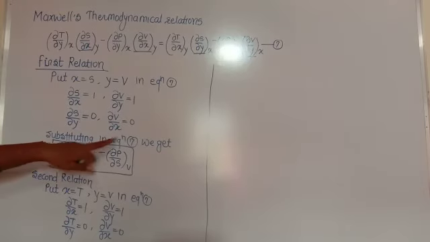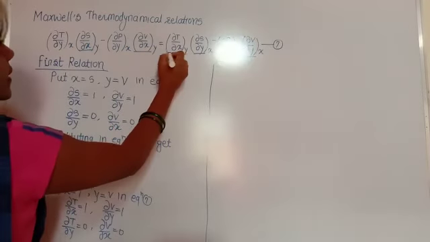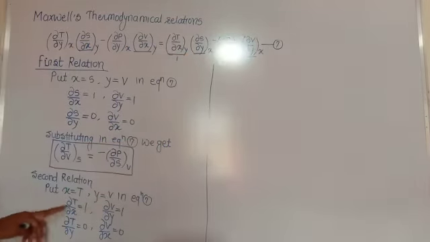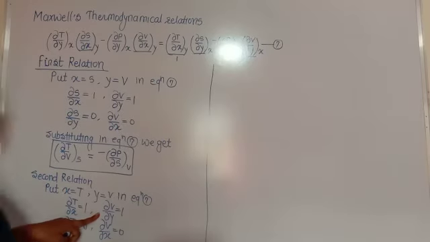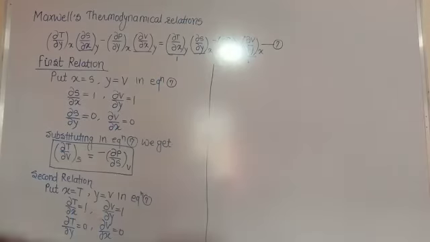After that, substitute in equation 7. Here del T by del X becomes 1, and del V by del Y is also 1.